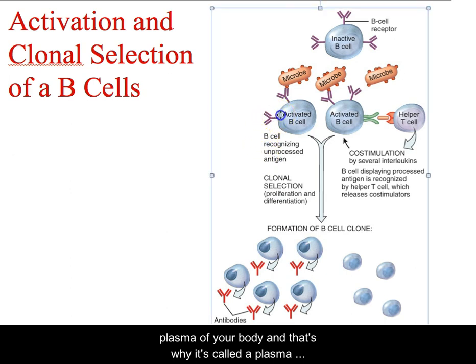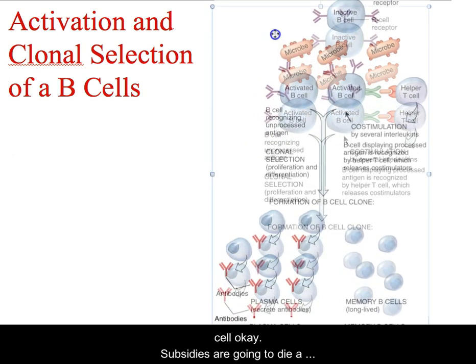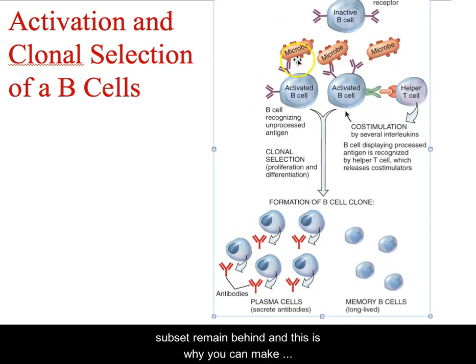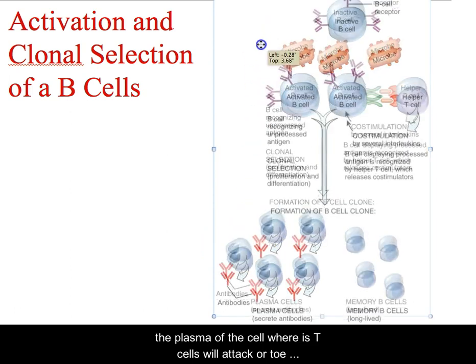And look at the difference here. What you're seeing now is, this is why we call them plasma cells. They secrete what was once purple up here as a soluble protein that's now traveling in the plasma of your body. And that's why it's called a plasma cell. Okay? A subset of these are going to die, a subset remain behind, and this is why you can make antibodies rapidly if you see the same antigen again.